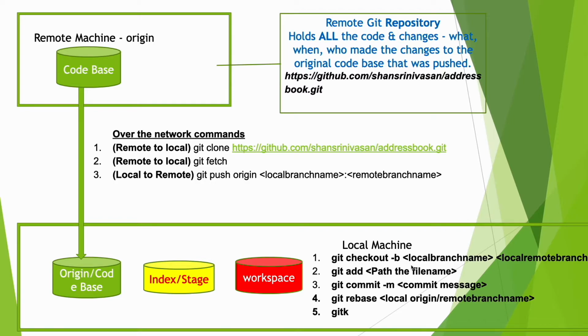So you will say git checkout -b, your branch, whatever name you want. It could be your ticket number that was allotted to you, like XYZ-1239 or whatever, and you create that branch with the ticket name, and then you will say what branch you want to track. Basically, you want to modify code that is in the master branch in the remote. So you give the local remote, which is origin/master, right?